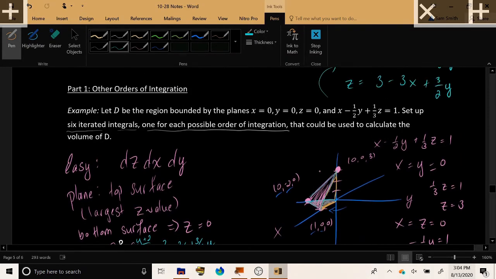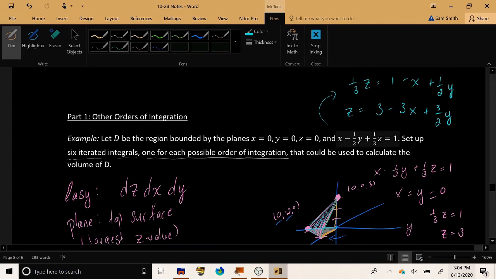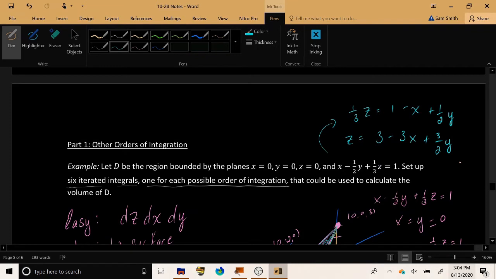Now looking at this region, the part of this door wedge which is furthest in the positive x direction is still given by this outmost facing plane here. So let's take the equation of our plane, x minus 1/2 y plus 1/3 z minus 1, and rewrite it so that x is isolated: x equals 1 plus 1/2 y minus 1/3 z.